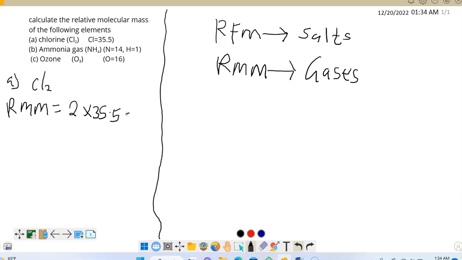So 35.5 when you multiply times 2, if I'm not wrong, it's 71. Let me check with the calculator. 35.5 times 2, 71. The answer is 71. So that is the relative molecular mass of chlorine.